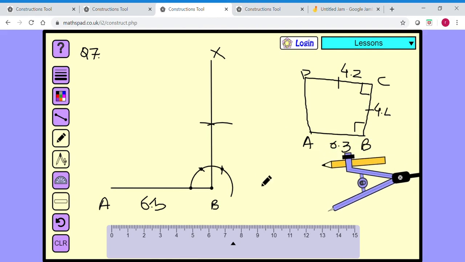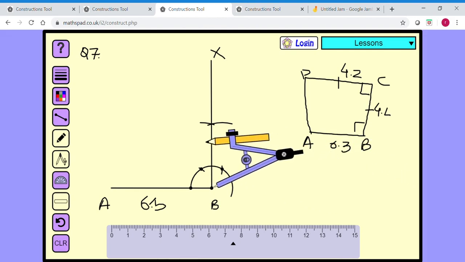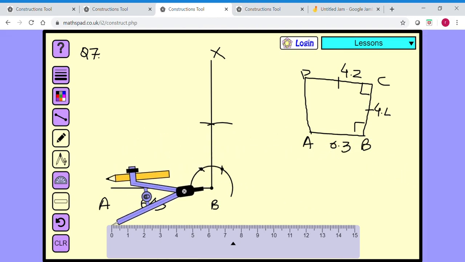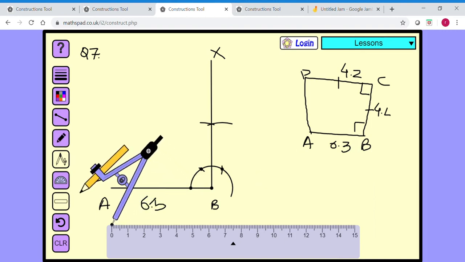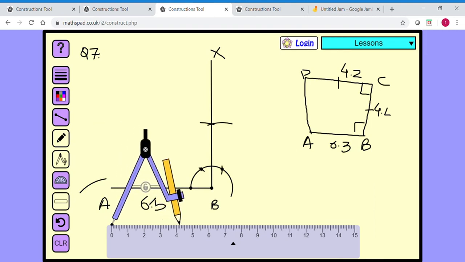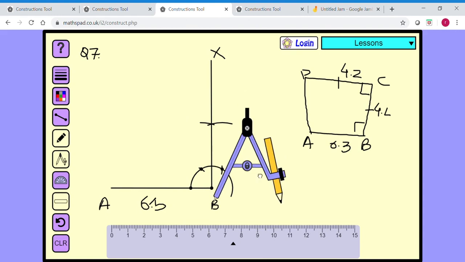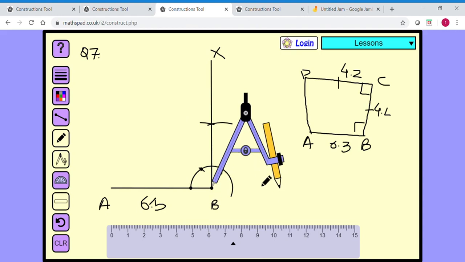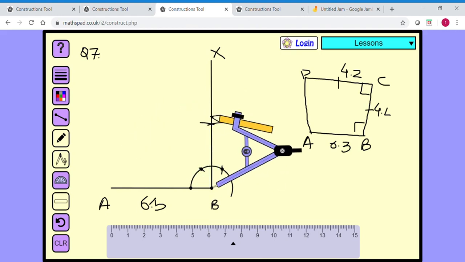How far is it from B? It is 4.2. So next step, I take a scale and I measure 4.2. So this is 4.2. I keep it at point B and try and cut this somewhere here.